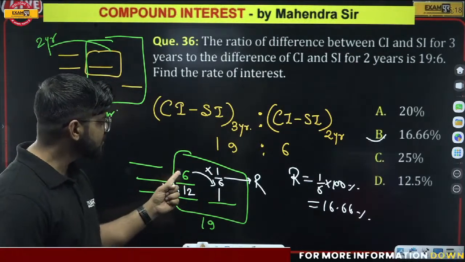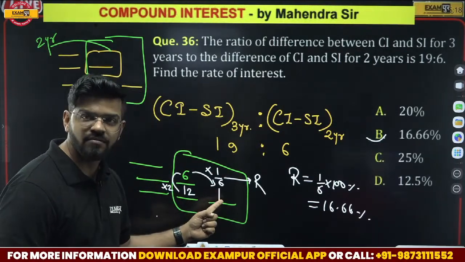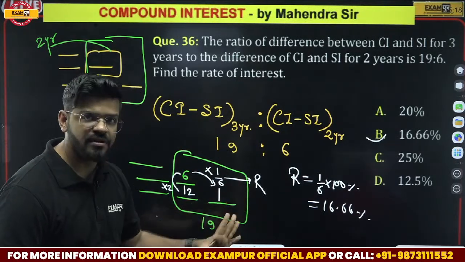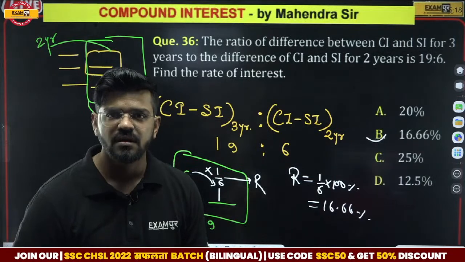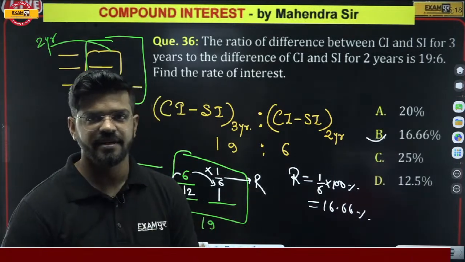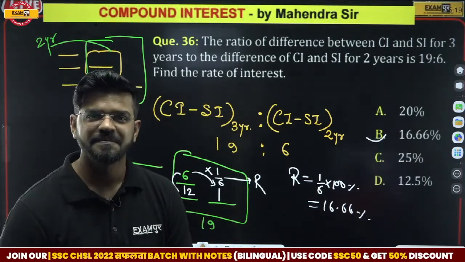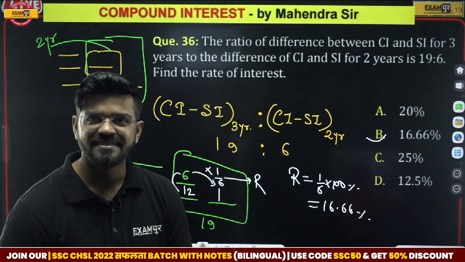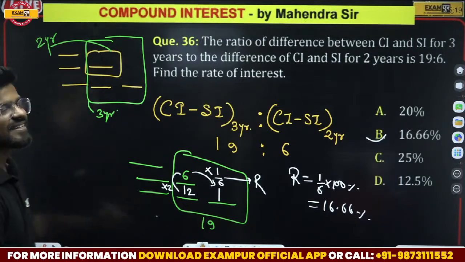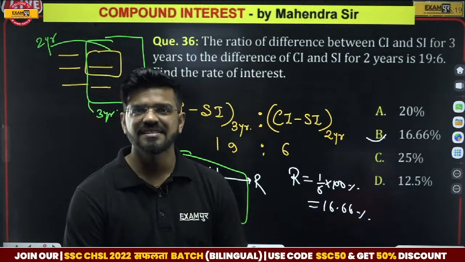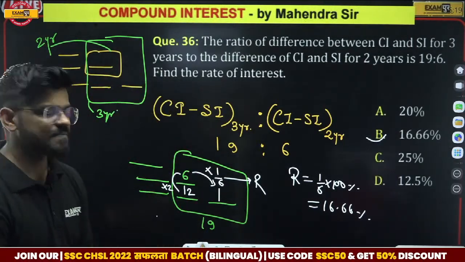And whatever we multiply here to get 1 is the rate of interest. So the rate of interest is 1 by 6, which means 16.66%. Clear? So this is how you will get the answer, this is how the question works.